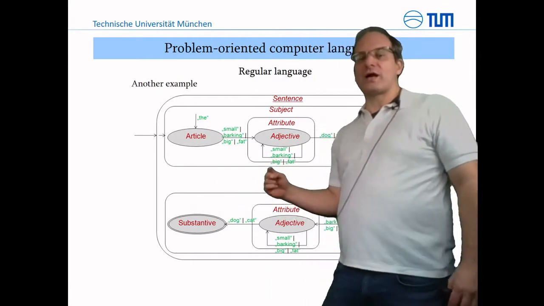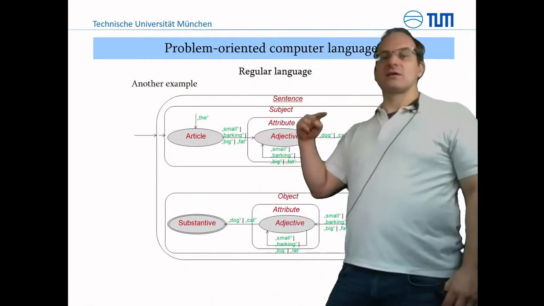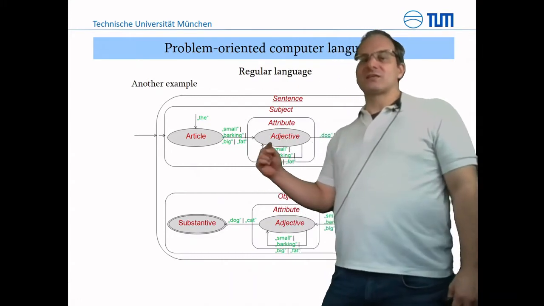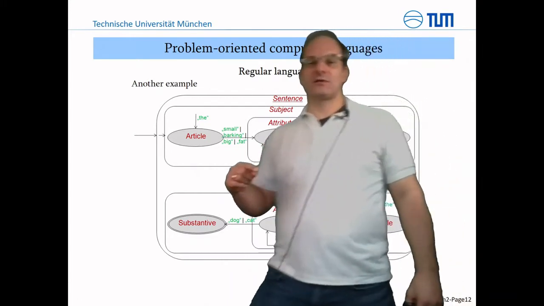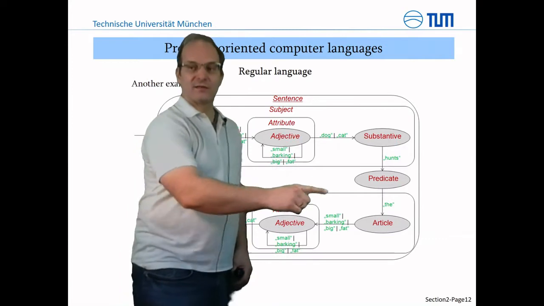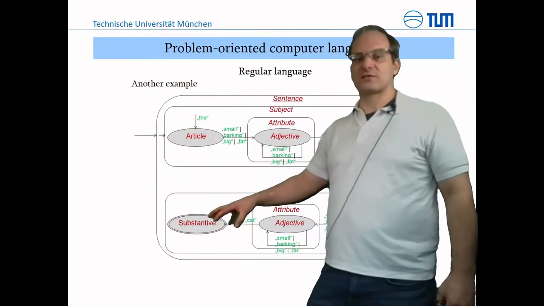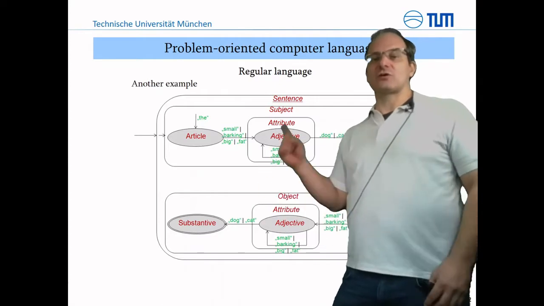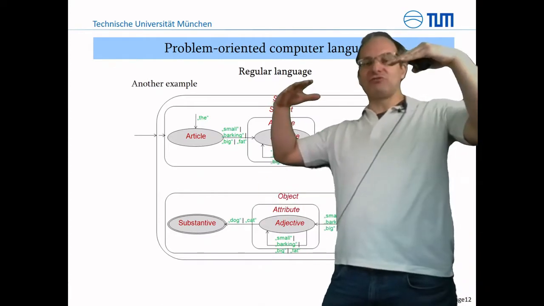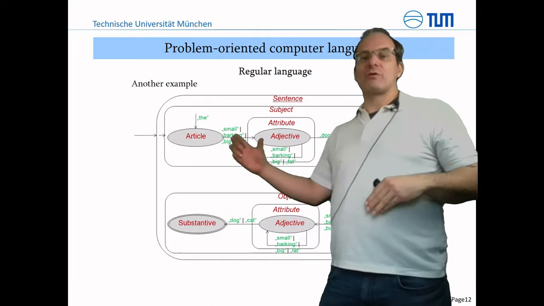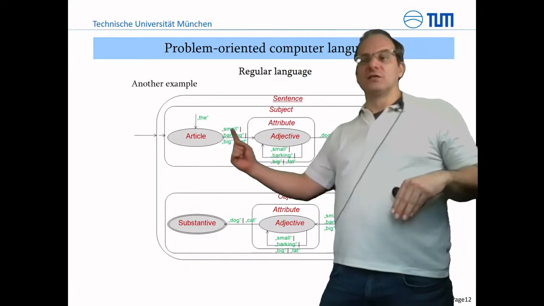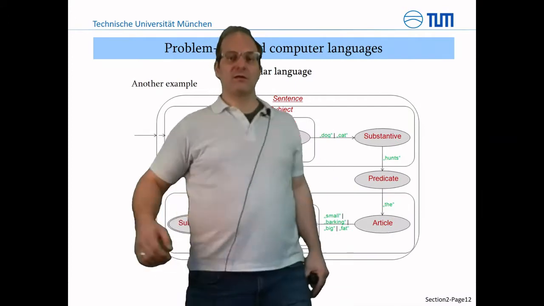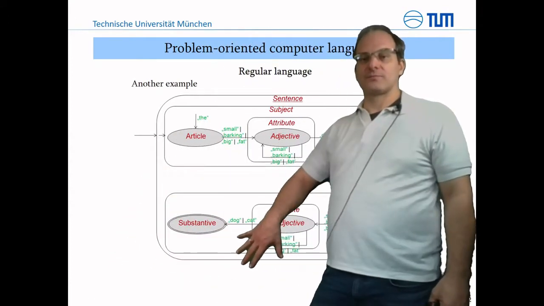And we can combine these first three states to subject, so that subject, predicate, and then object. So we combine these three parts here to a new state, so that we have a new higher level view onto our graph where we have just three states: subject, predicate, object.